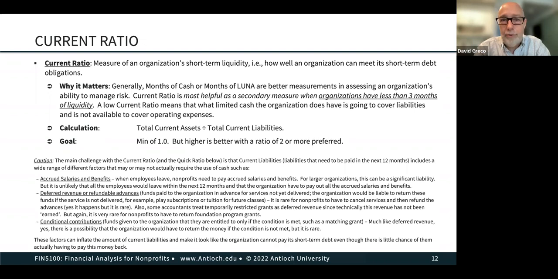So things like payables to our employees and benefits, deferred revenue or refundable advances, yes, technically from the accounting perspective, they are liabilities. From the reality of most nonprofits in our day-to-day lives, that's money that's not really going to need to be paid back. So, all right.